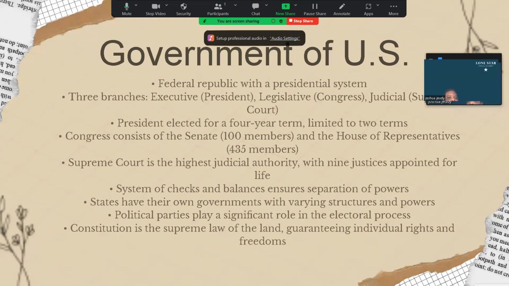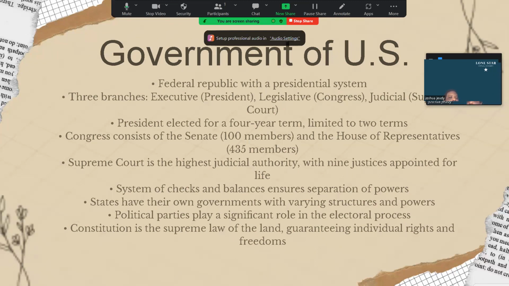In our system, we have a system of checks and balances, balancing the weights. It's pretty much different ways the different parts of the government can manage each other. For example, if Congress has a rule, let's say everyone gets ice cream for 365 days. Congress says we will pass this law.